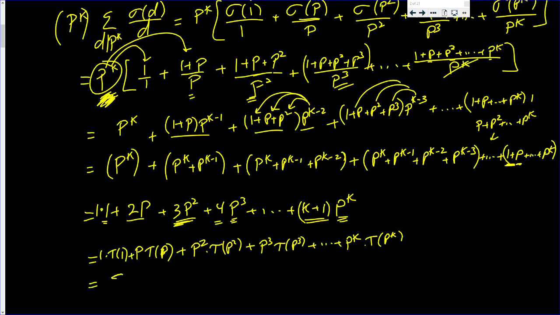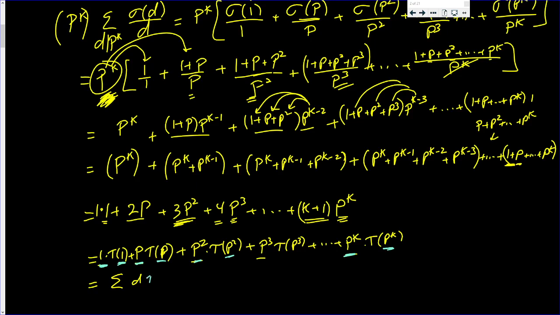Well, this is the summation. Well, the first thing are the divisors. It's the divisors, and then whatever this divisor is, we're taking tau of it. This is p, tau of p. This is p squared, tau of p squared. p to the k, tau of p to the k.